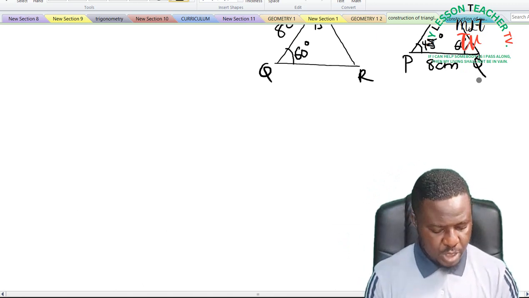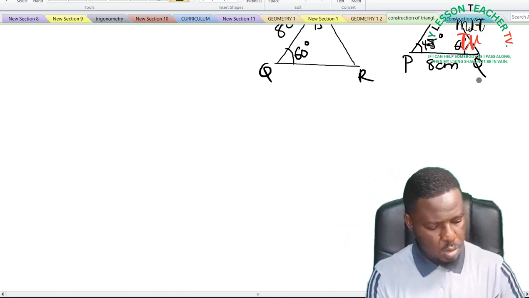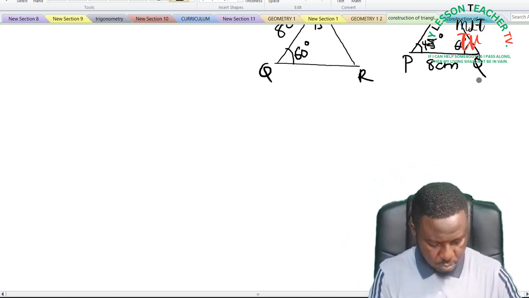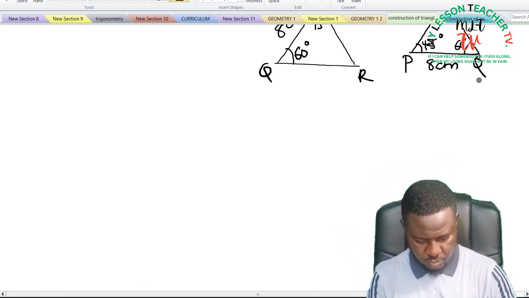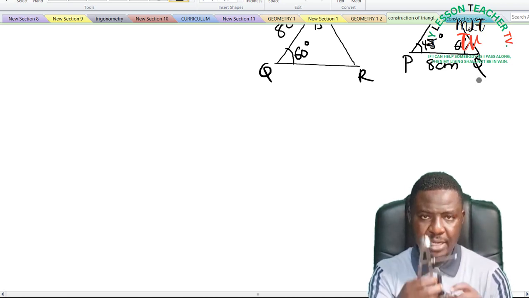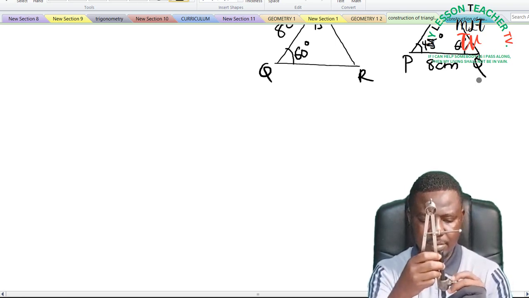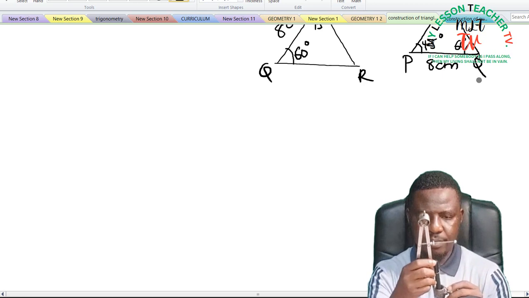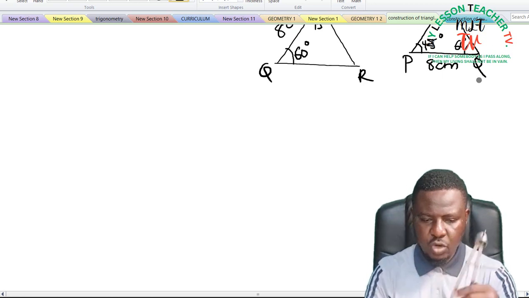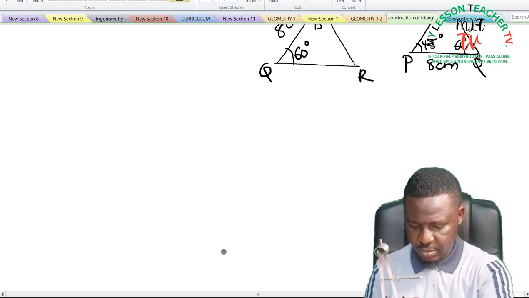So you pick your compass and attach your pen the way I'm doing it. Make sure it's firm, and then you measure 8 centimeters.